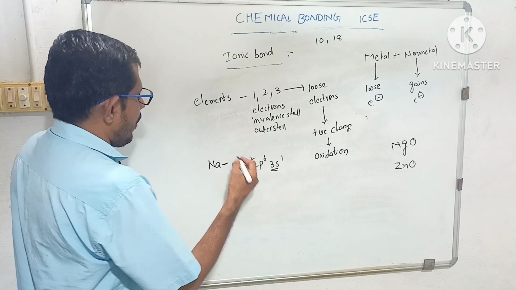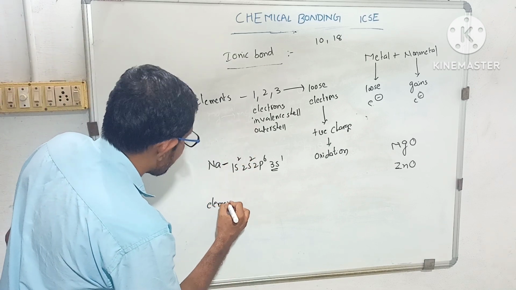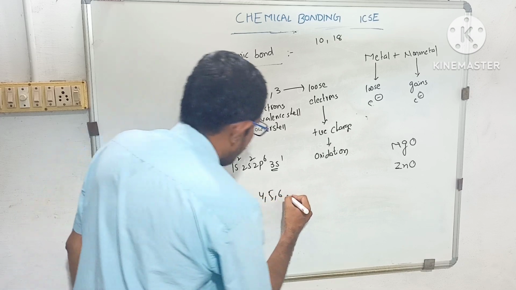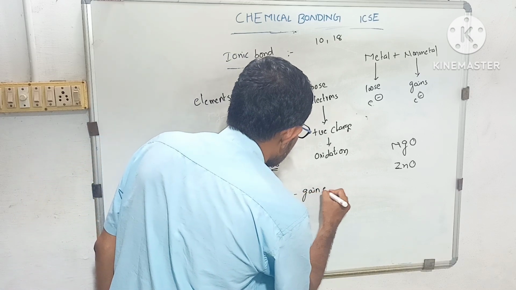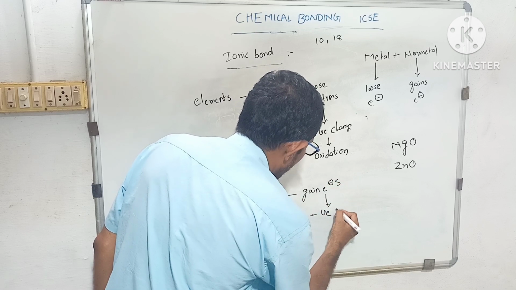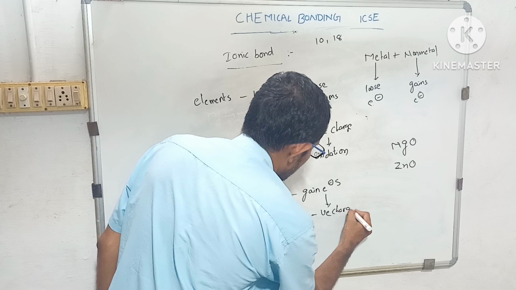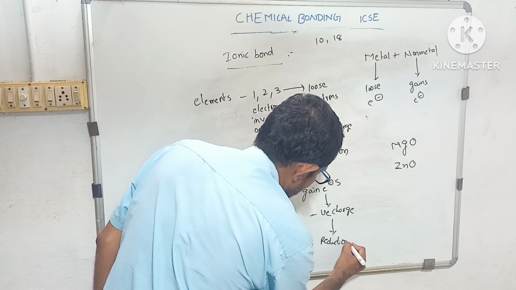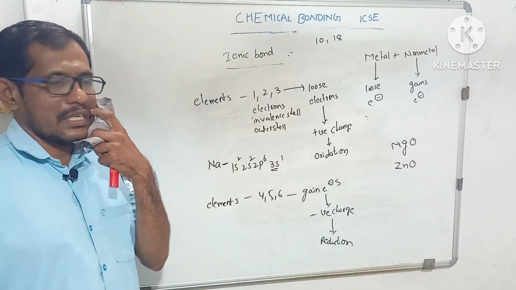If you take other elements with valency 4, 5, 6, they gain electrons, and they get negative charge, and they undergo reduction reaction.